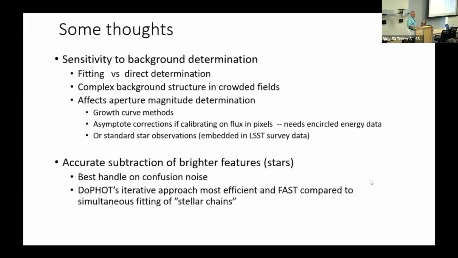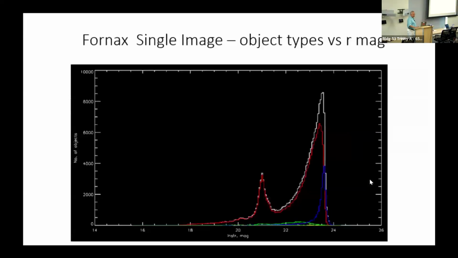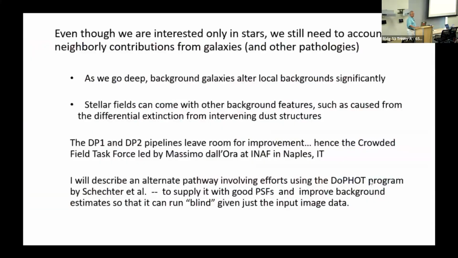It's very interesting, Abhi. Can you go back to about your third or fourth slide? You had some words there about galaxies and other pathologies. Are you just trying to get a rise out of us extragalactic people? You can't seriously be worried about extragalactic contamination given the extinction of the galactic plane, are you?